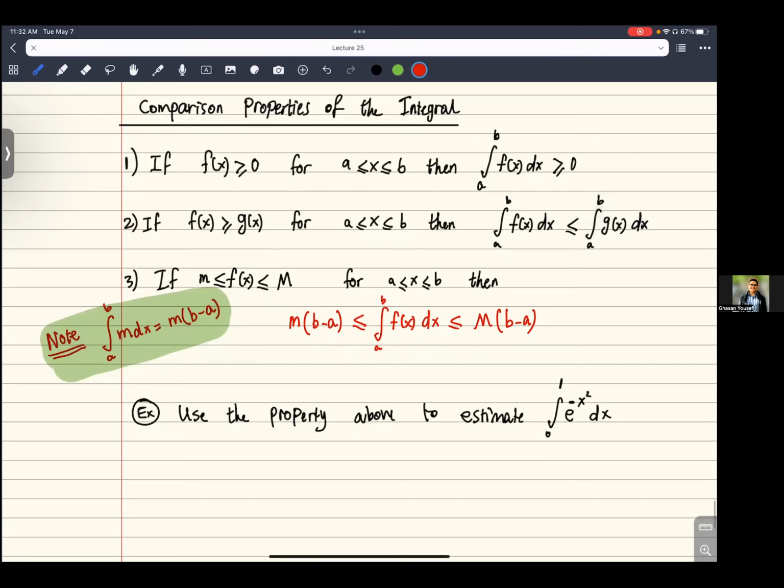By the way, what is the interval in this question? It's from 0 to 1, so a is 0 and b is 1.